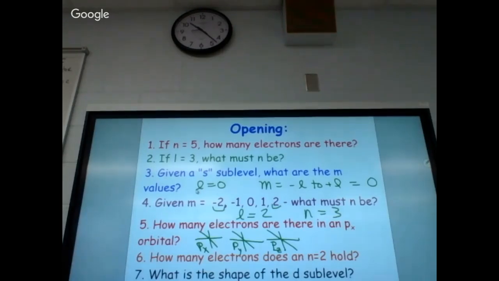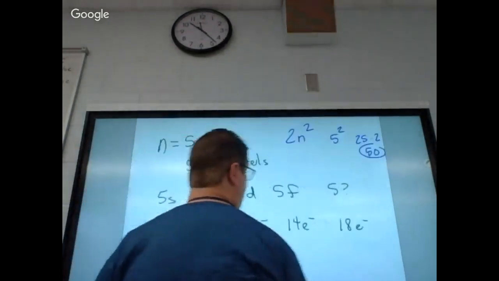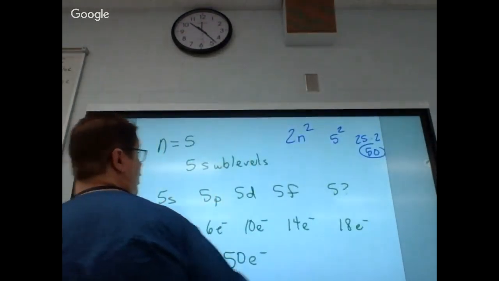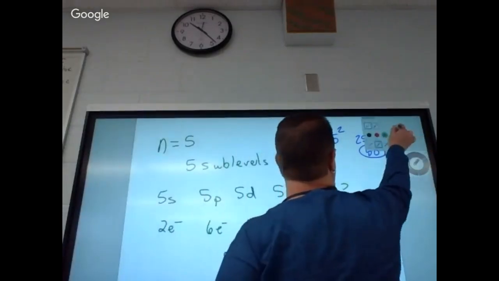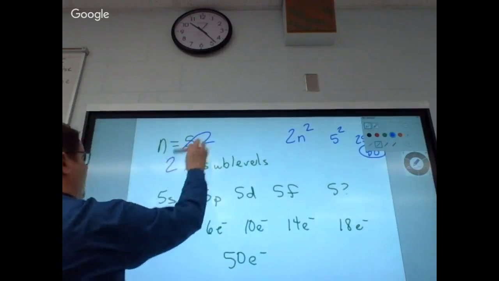So in number 6, how many electrons can N equals 2 hold? 8. That's correct. Now, you can go back to doing it just like we did this one. If N equals 2, how many sublevels are there? There are 2 sublevels.